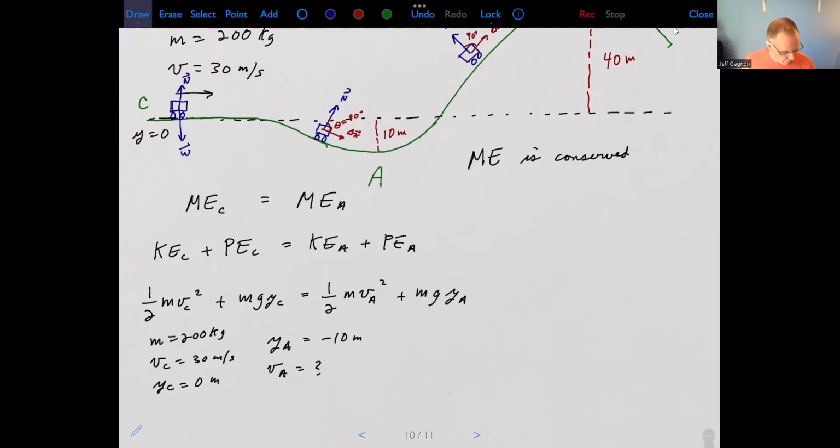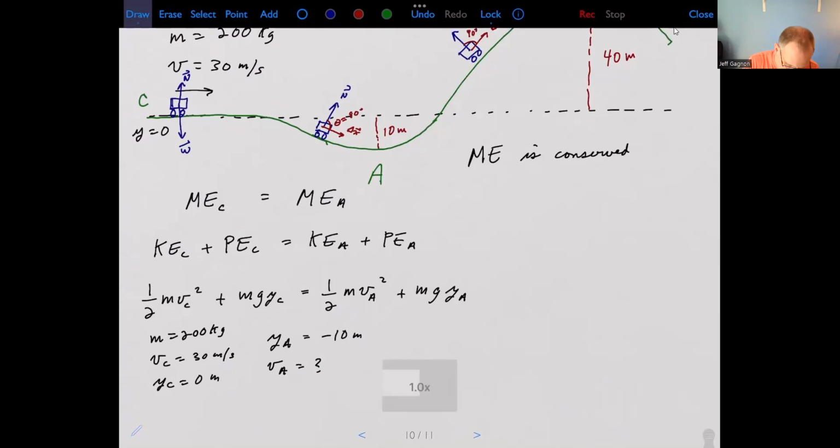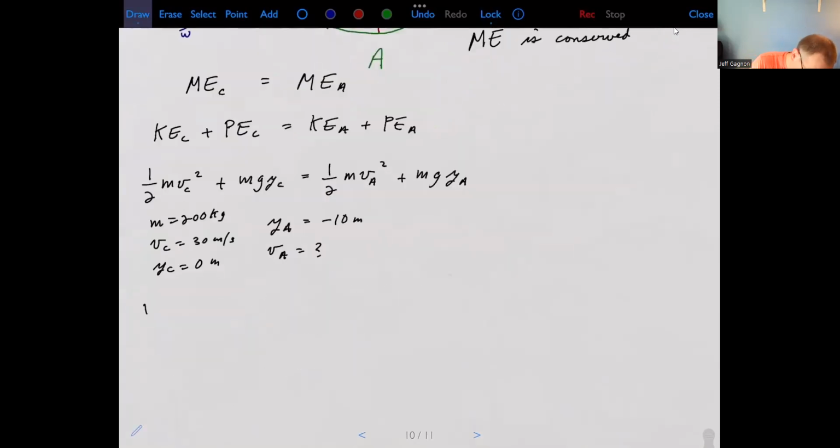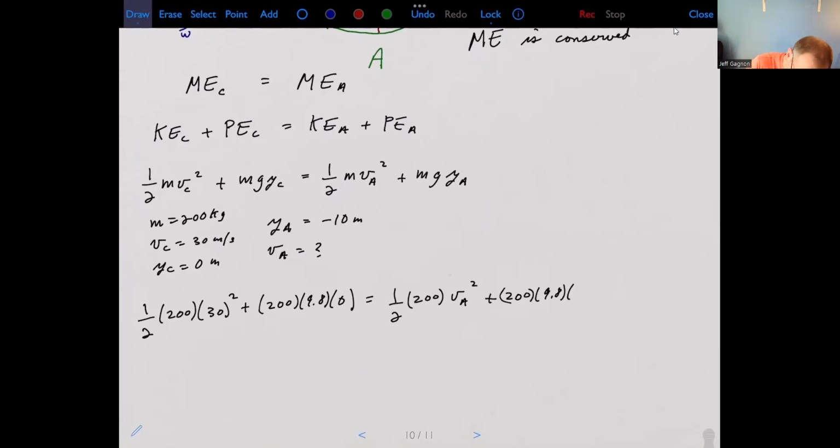So basically, this is like a plug and chug problem now, right? If I plug in all those values, I have 1/2 times 200, that's the mass, times 30 squared, plus 200 times 9.8 times y, the position at C, which is just 0, because that was the reference point, equals 1/2 times 200 times the velocity at A squared plus 200 times 9.8 times -10.